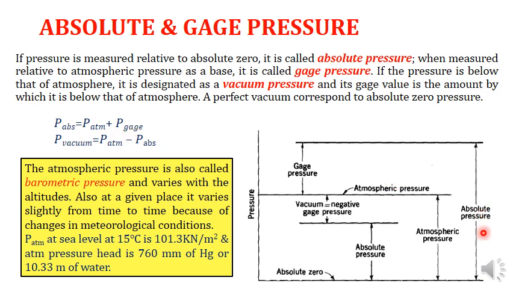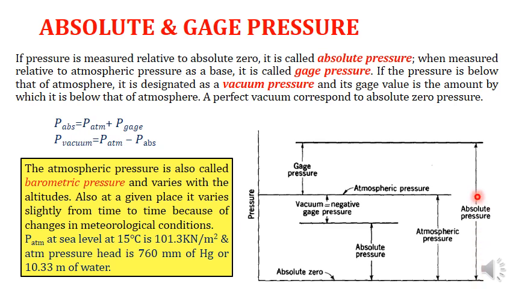Now, if the absolute pressure needs to be calculated, considering the datum point as absolute zero, then you can further divide it into two parts, considering the atmospheric pressure as an intermediate point. The absolute pressure, the whole pressure, will be equal to the sum of P atmospheric plus P gauge.